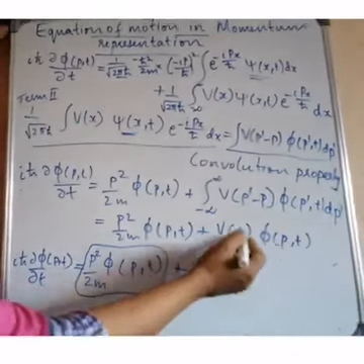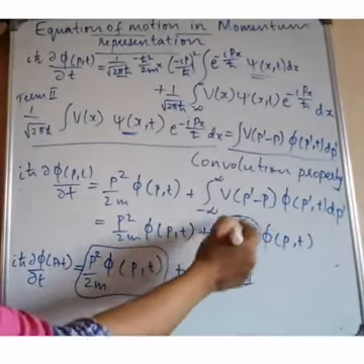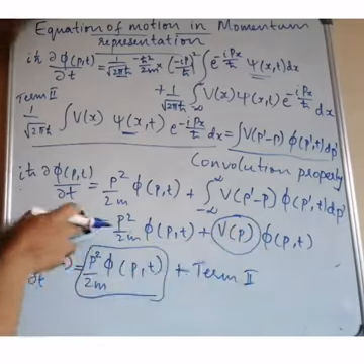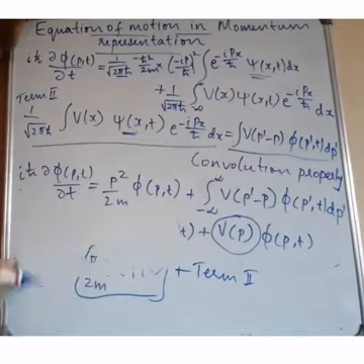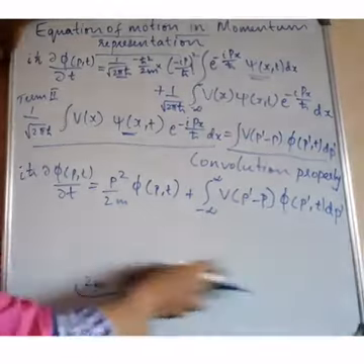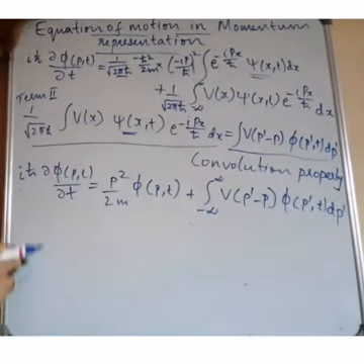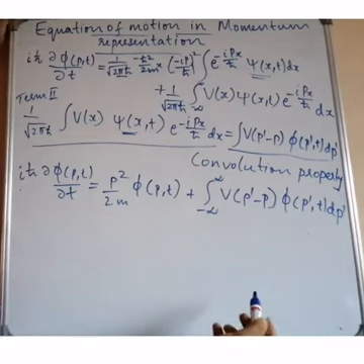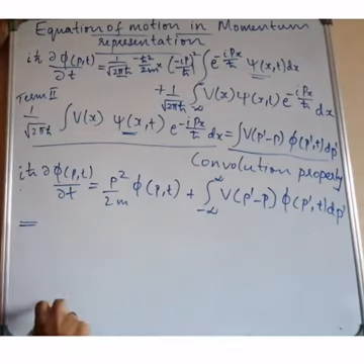But it is not the correct way of writing the potential here. So we will leave this as the integral itself. That is the correct way of writing it. When we apply the value of potential and integrate it, we will have the correct value of potential. So this is the equation of motion in momentum representation.